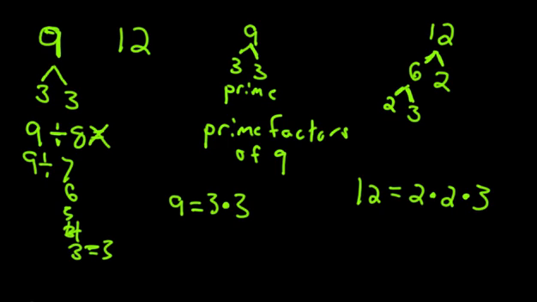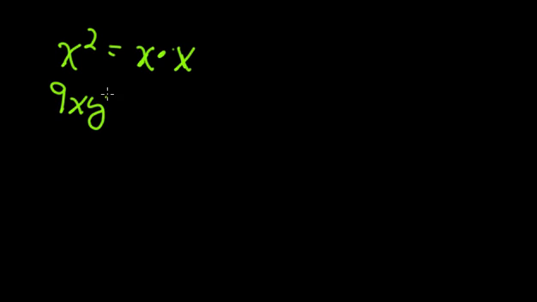The same thing can happen for variables, but it's a little bit easier to see with a variable. Now, the variable x squared is made up of x times x, and so our factor trees for variables are relatively quick to make. And for individual terms, 9xy squared is made up of 9xy times y.